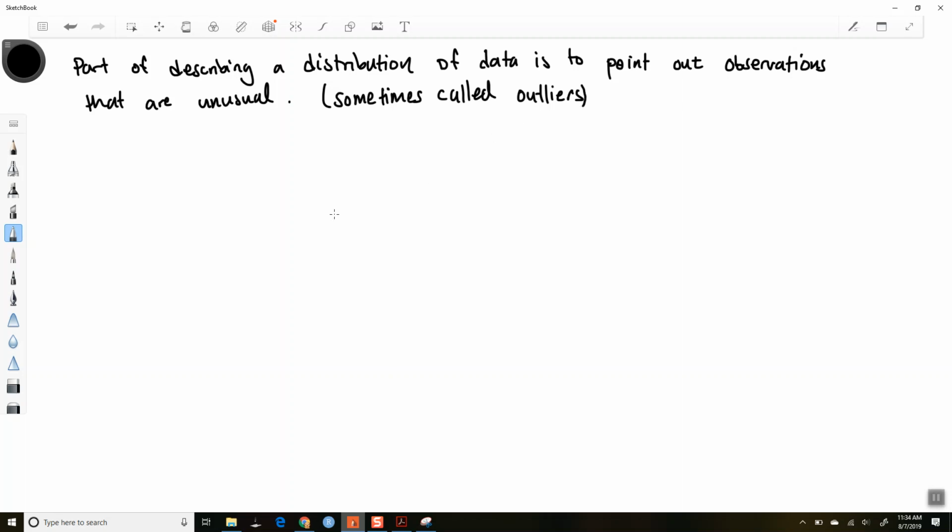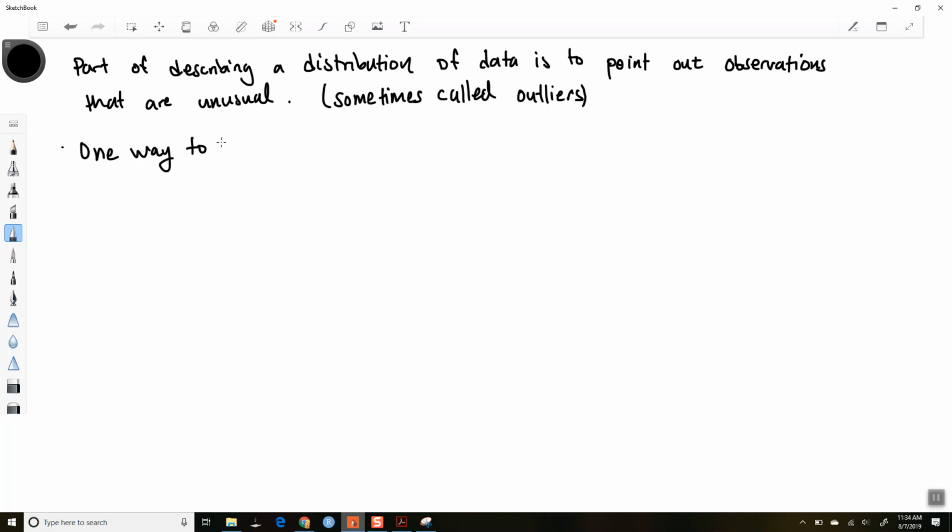Okay, so what is considered unusual? One way to measure how unusual an observation is, is to use what we call a z-score.